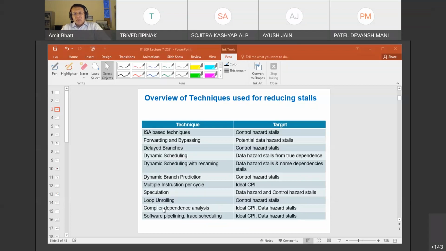You may get a good benefit in terms of decrease in CPI, provided you are lucky enough to get the right mix of instructions, and instructions don't have control hazards amongst themselves. So that also teaches you how to write a good program. You should not write a program where there is too much data dependence.